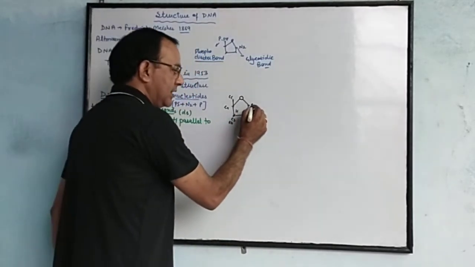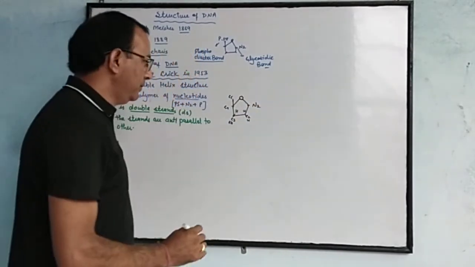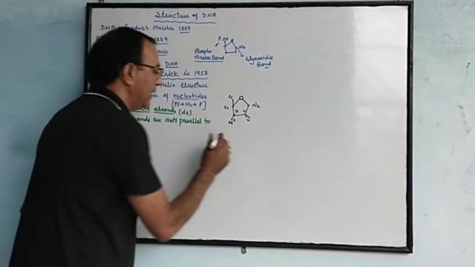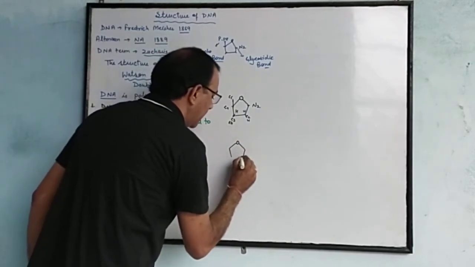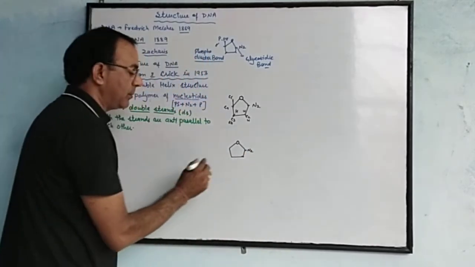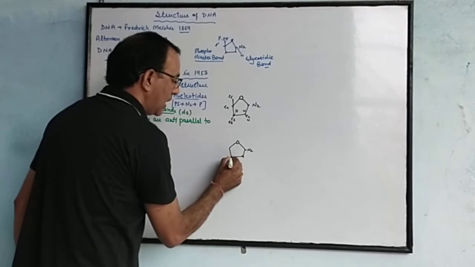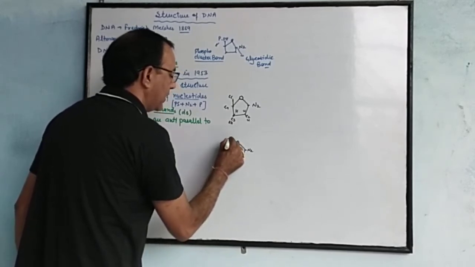The nitrogen base is attached at carbon number 1. We will take one more nucleotide. Suppose this is another nucleotide of DNA, with the nitrogen base attached at carbon number 1, then carbon number 2, carbon number 3, carbon number 4, and the fifth carbon remains here.